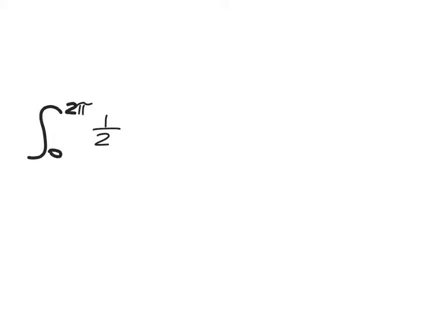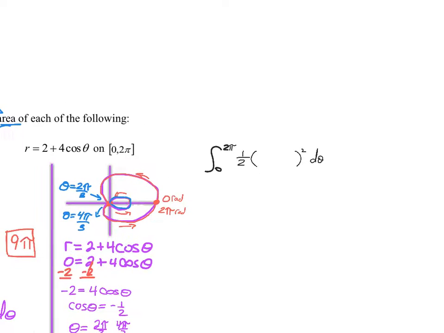One half the r squared d theta, with the r being 2 plus 4 cosine theta. All right, that's a mechanical approach. You didn't think at all, and in doing so, you came up with something that will be utter and complete nonsense. All right.